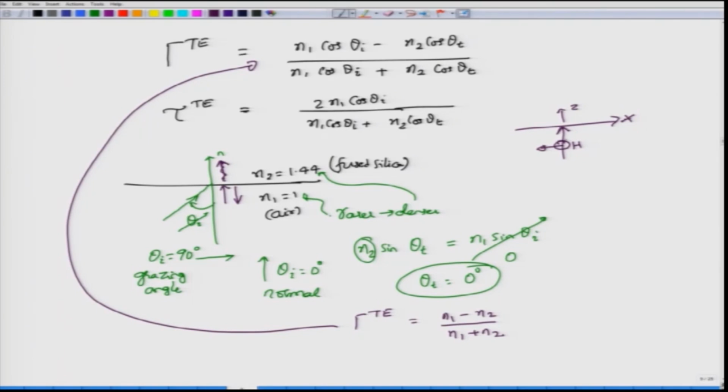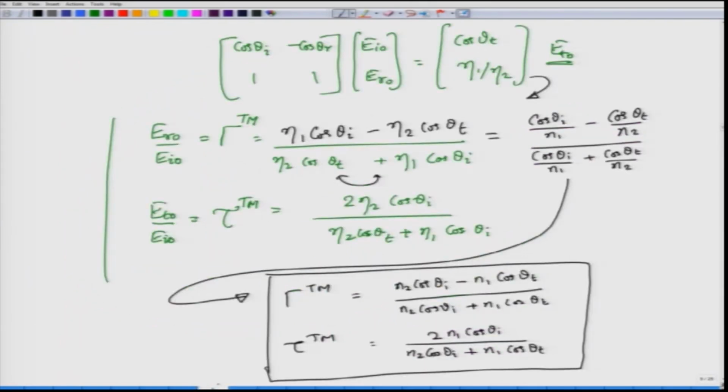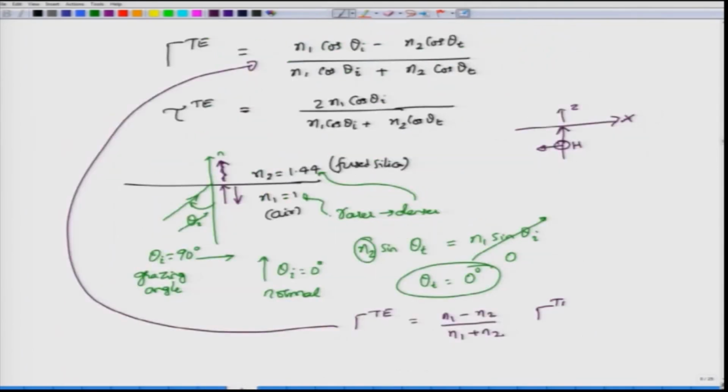Of course, there has to be a small difference in the way we have put electric and magnetic fields, and that small difference comes because there is a 90-degree phase change between the two, and there is an overall 180-degree phase change before you do this one, and we will not go into the details, but the reflection coefficient for TM in the normal case, let me write this one as theta I equals 0 case, will be N2 minus N1 divided by N1 plus N2.